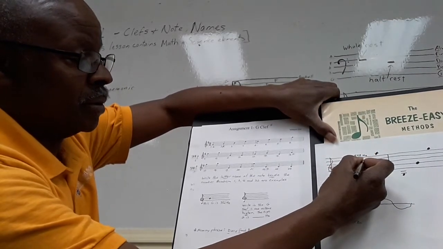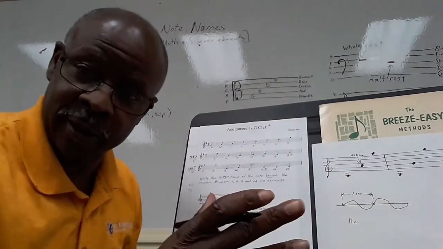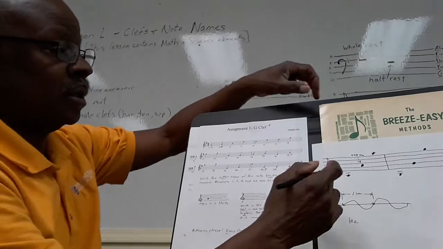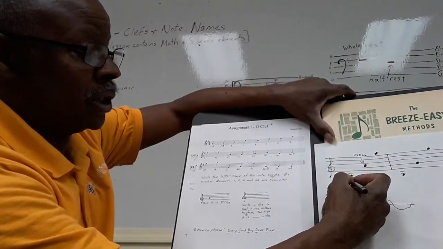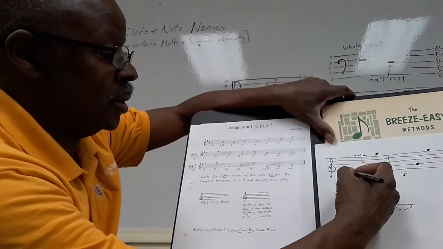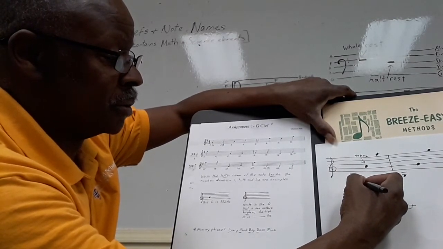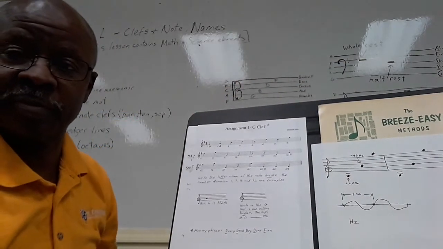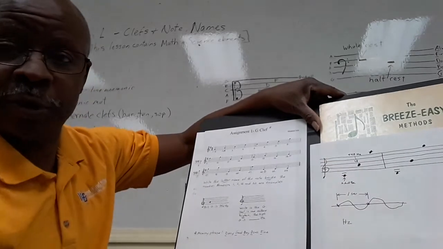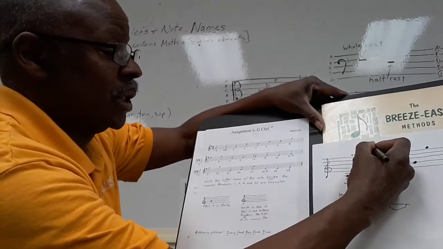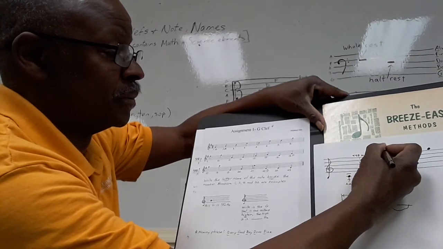That means the oscillations are 440 in 1 second. This A down here that the cello's tuned to is 220 hertz. Now this A, 3 fingers on the E string, is 880 hertz.